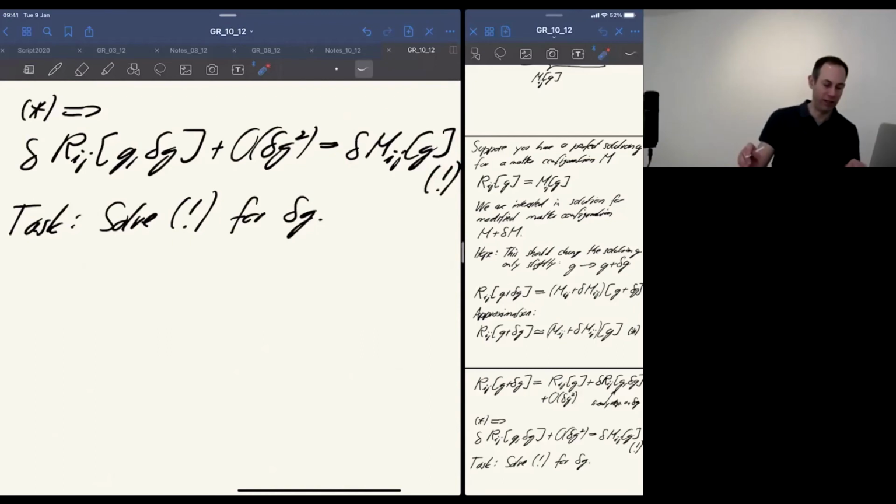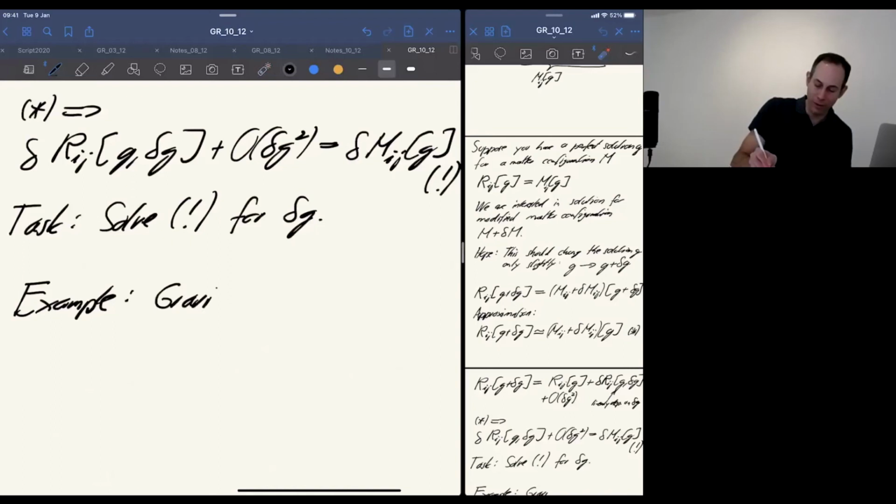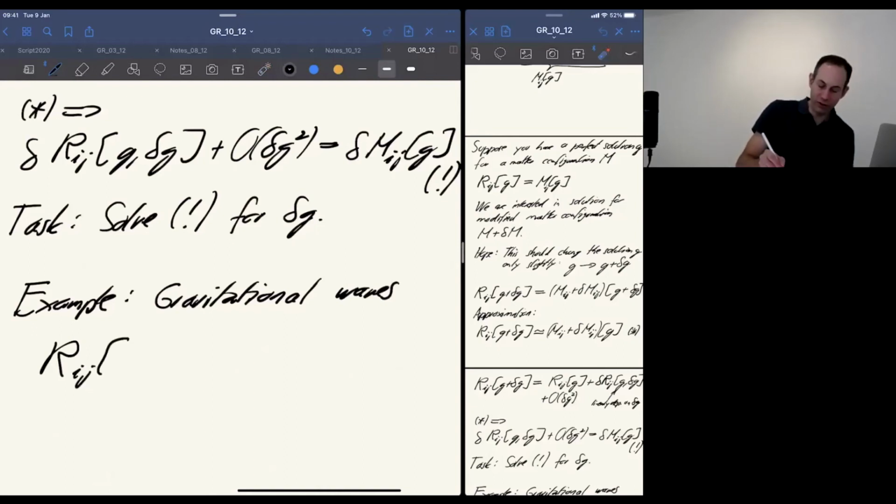perturbation delta g. Okay, so the example, I mean, it's maybe more than just an example, but an example of perturbation theory are gravitational waves. So what are we doing when we look at gravitational waves? There, the given solution is usually just flat spacetime.